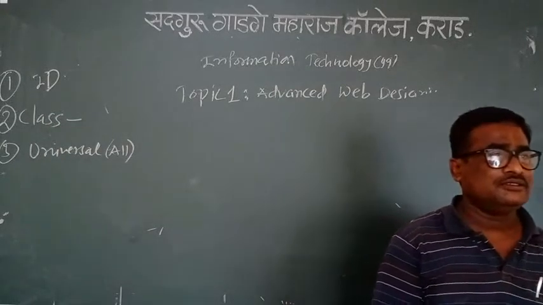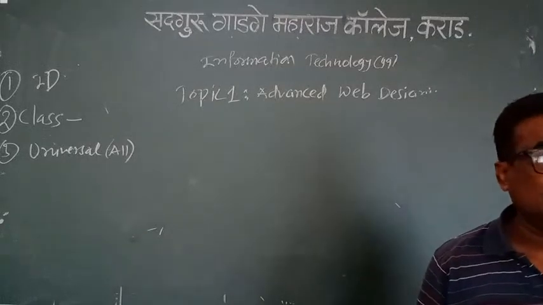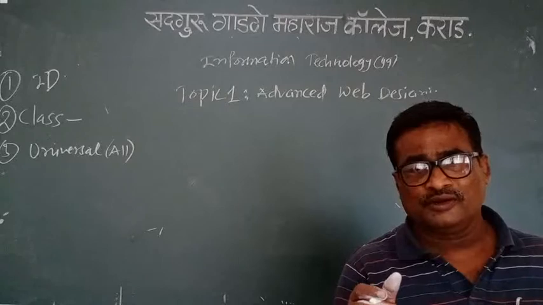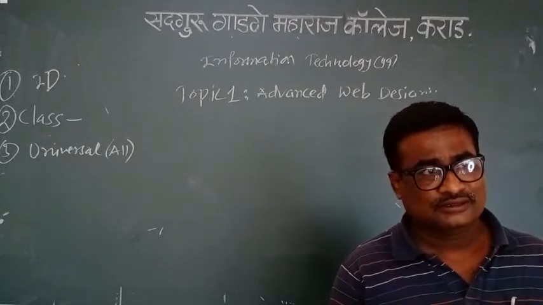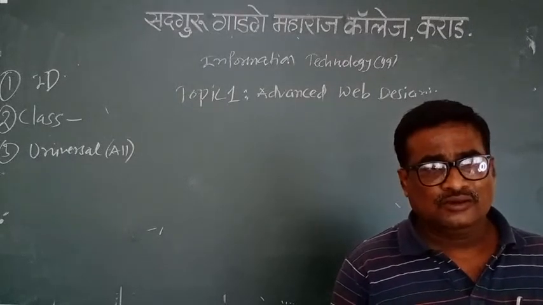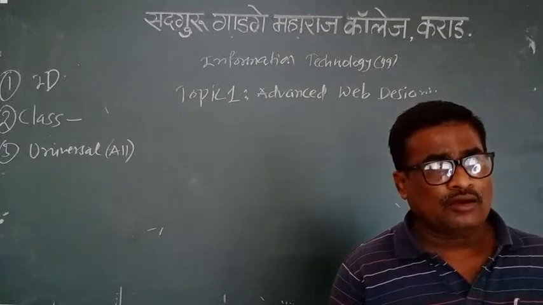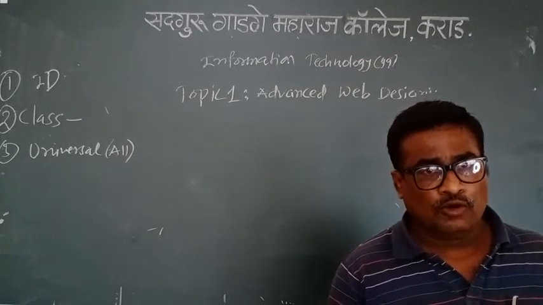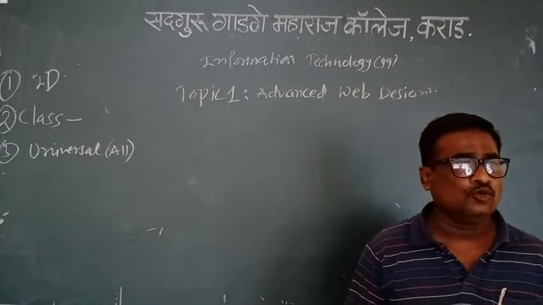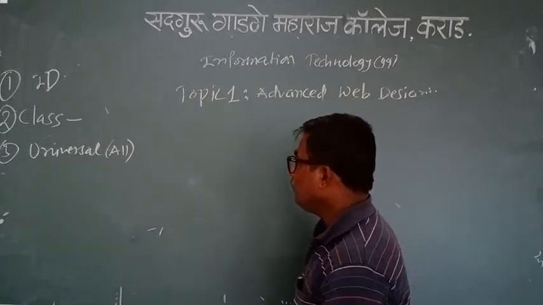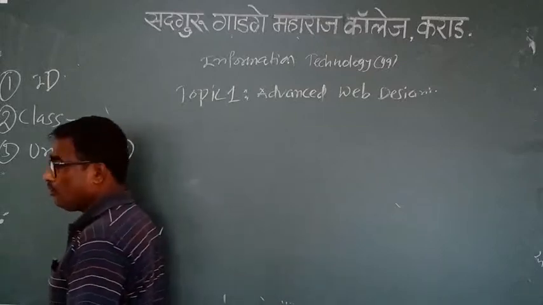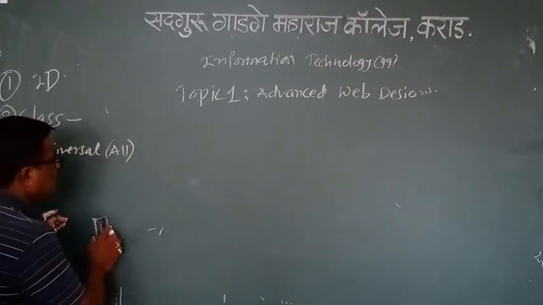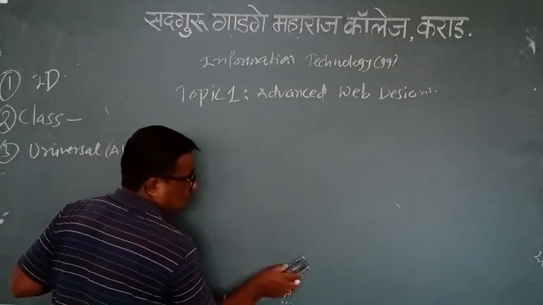See, class and ID are used only for particular text, but if we have to apply on the whole program or whole body, then we have to use here the universal or grouping. Universal means all.